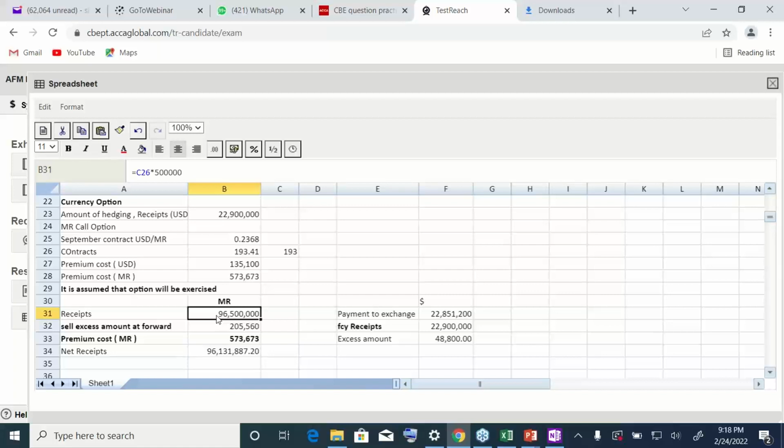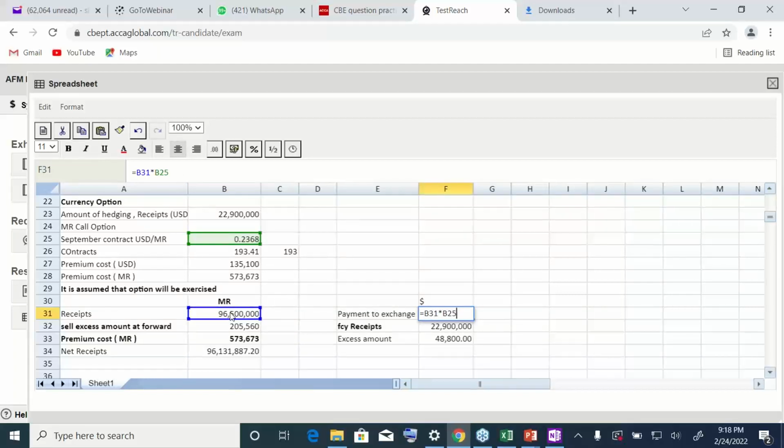96.5 million MR you will be receiving from the exchange. Obviously, in order to receive this amount, we have to pay the other currency to the exchange. At which rate? At the strike rate.